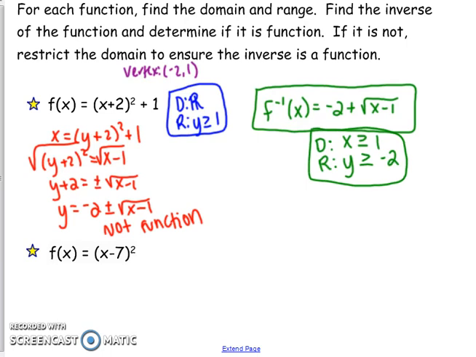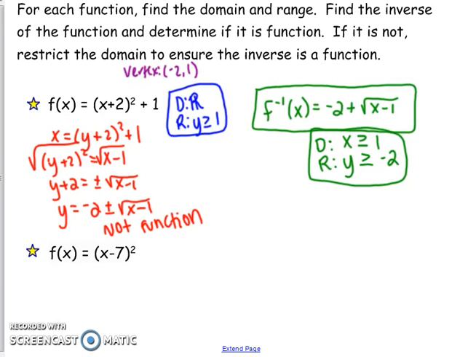So when I have a function and I have an inverse of that function, the domains and the ranges are switching. So in the original, the domain was all real numbers. But we restricted it because our range is not all real numbers in the new function, the inverse. Okay, the range of the original function, y is greater than or equal to 1, becomes the domain of the inverse.